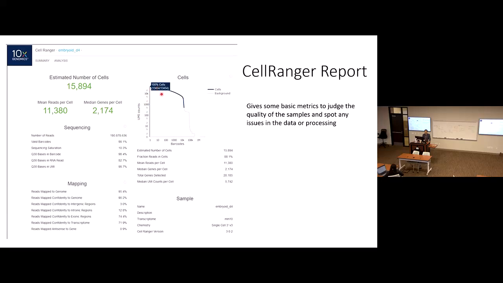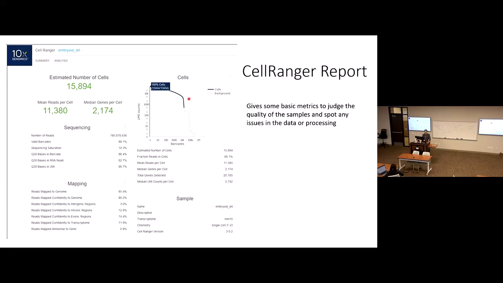So this cell has this amount of UMI count. If you have a very low UMI count, basically that tells you this droplet is empty, or the cell may not be there, and there is some contamination. You get some UMI counts from neighbor cells maybe.